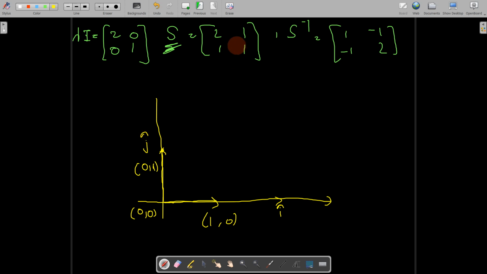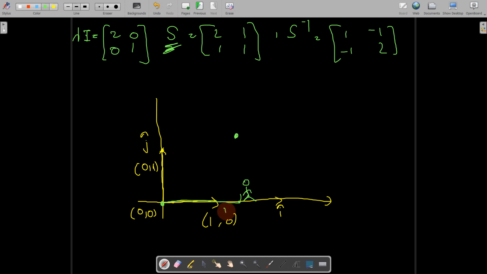Now what does this [2 1; 1 1] represent? It represents positions. We assume that you are measuring all the distances of the points from this reference i cap and j cap. Suppose this green is a point. You measure along the x axis how much you have to move from the origin to reach that green point.